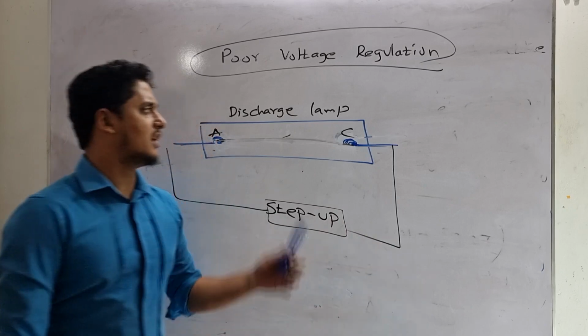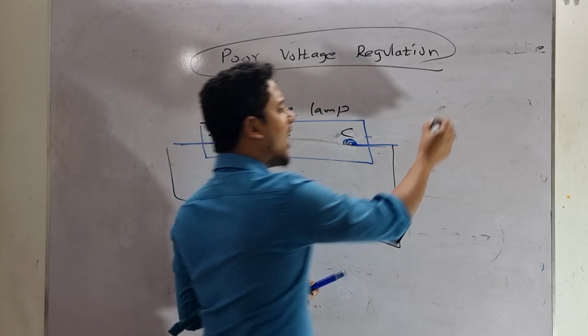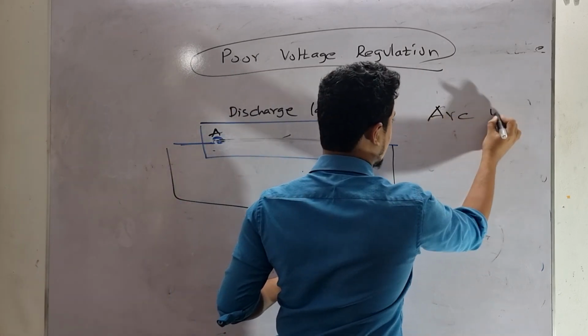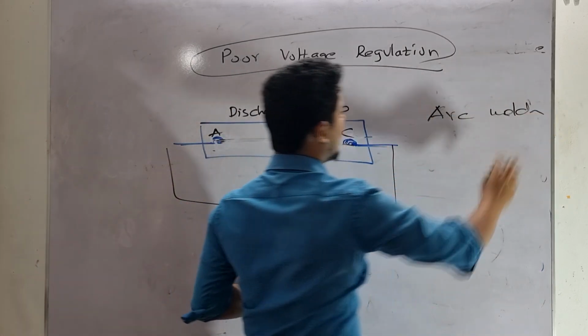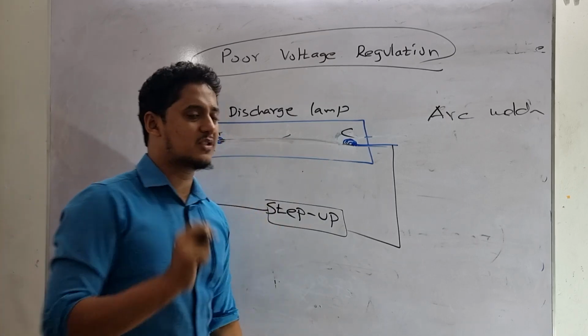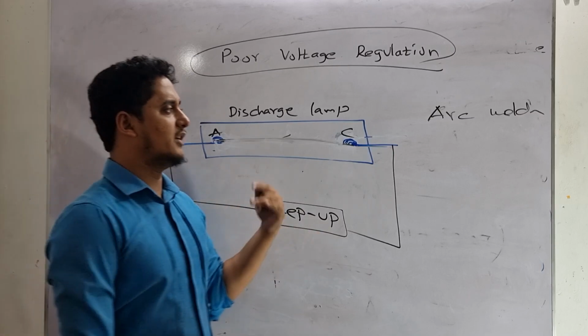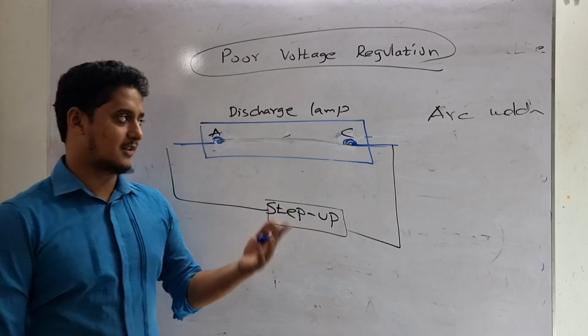The same example can be applied to an arc welding circuit. For arc welding also we need a high voltage, but at that time we do not use a step-up transformer. We are using a step-down transformer, a normal transformer.